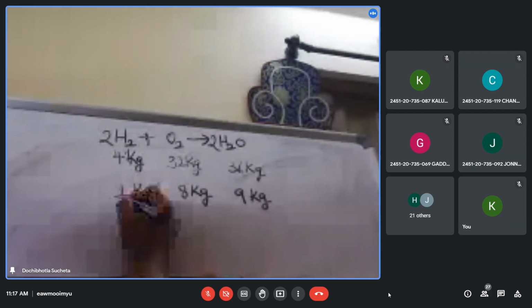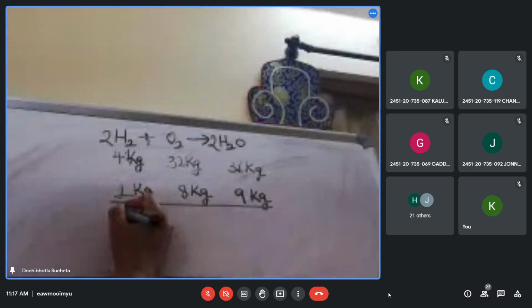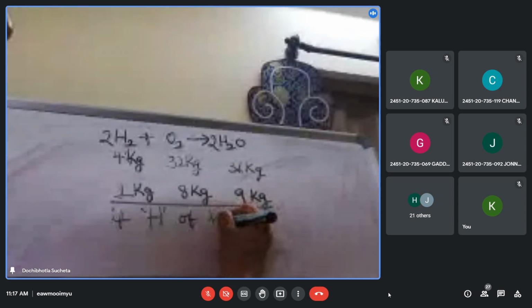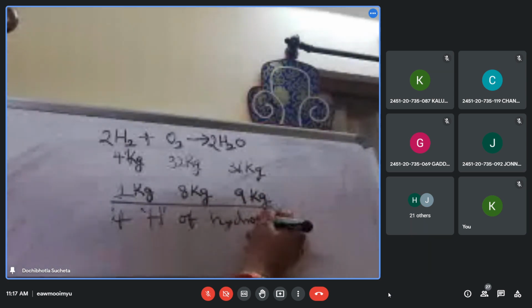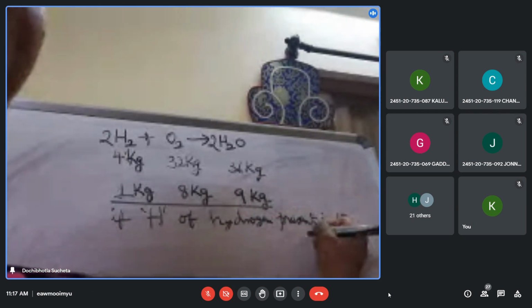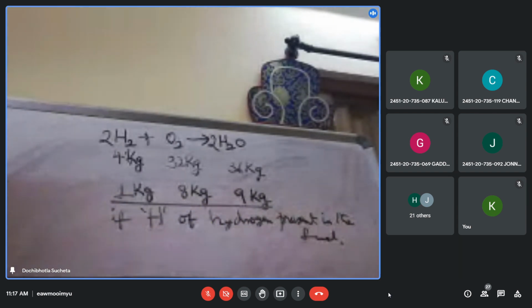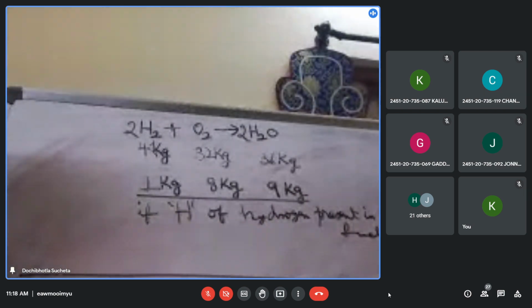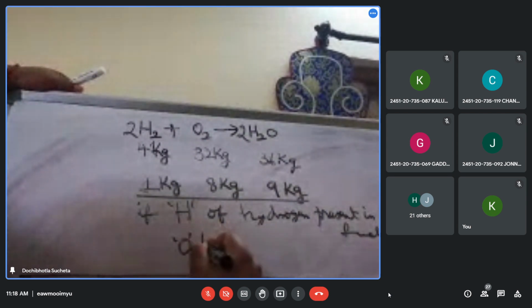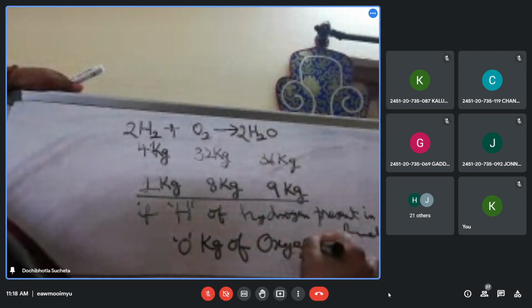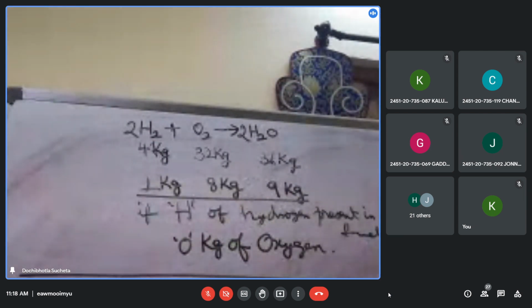Now I'll set the equation. If H kgs of hydrogen is present in the fuel, and the fuel has O kgs of oxygen, then how to do the calculation?